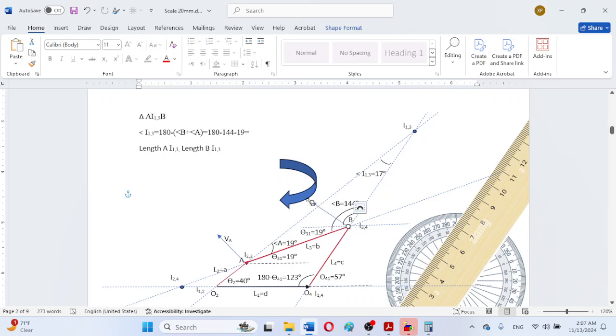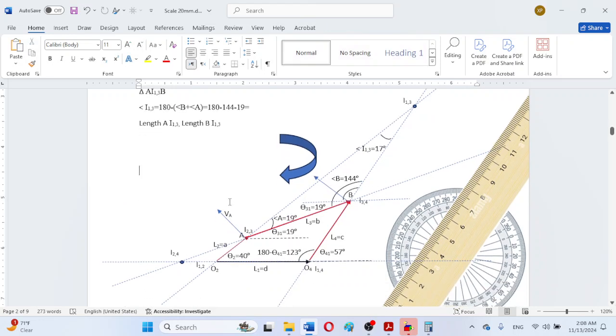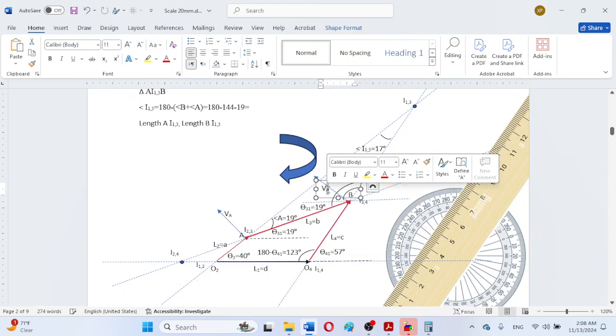So the direction is satisfied like this. So this is the velocity of point B. Just copy this label at this location here. For example, this is V subscript B.